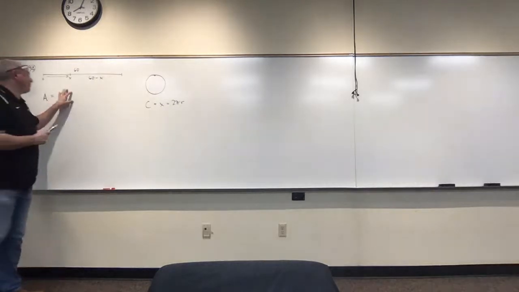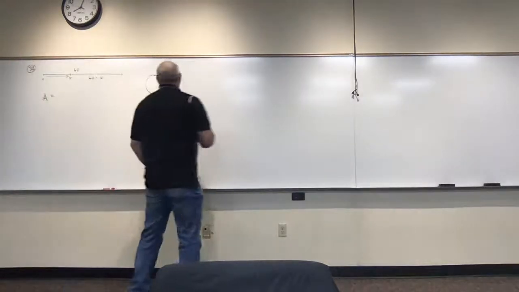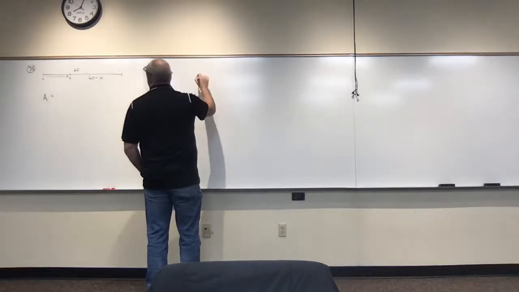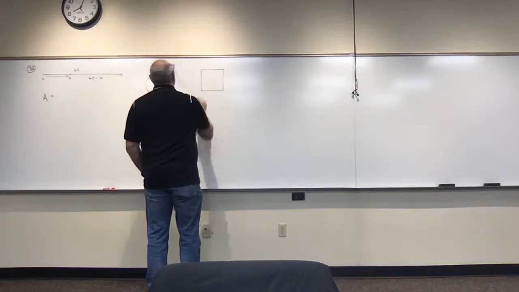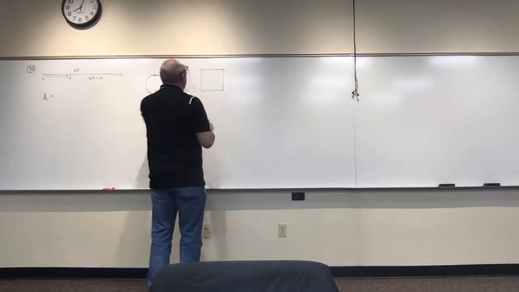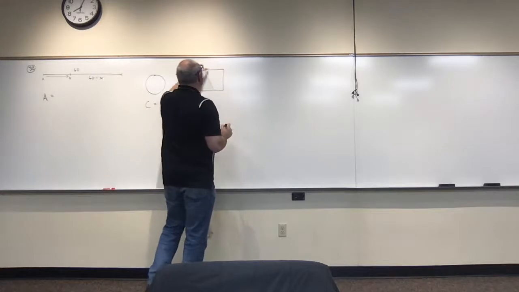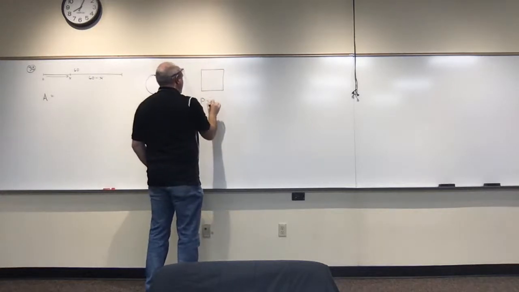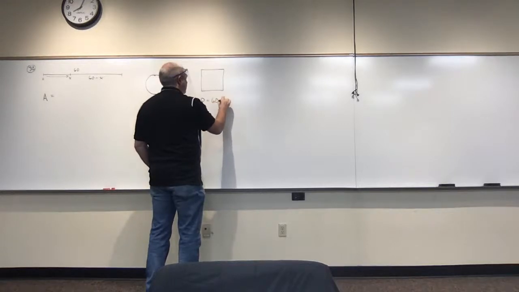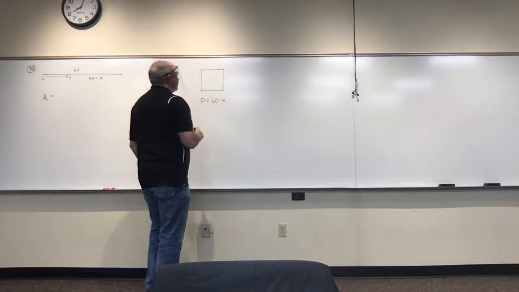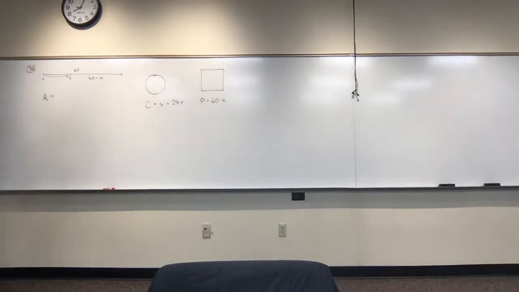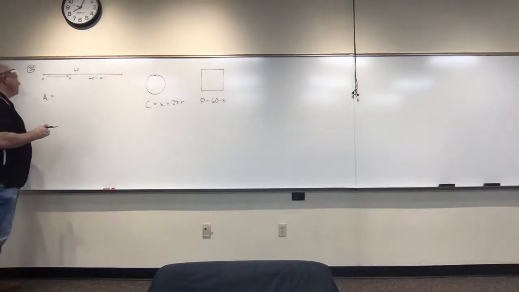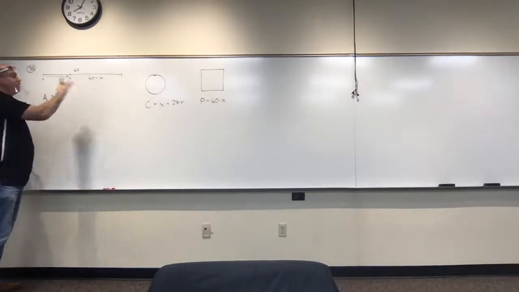And I want to know something about area, so I'll have to figure that out. And then the second piece is I bend the second piece into a square. And so I know something about the perimeter of the square. P is what? It's 60 minus X.